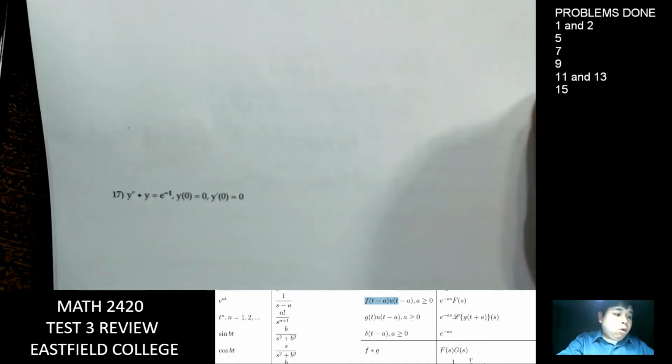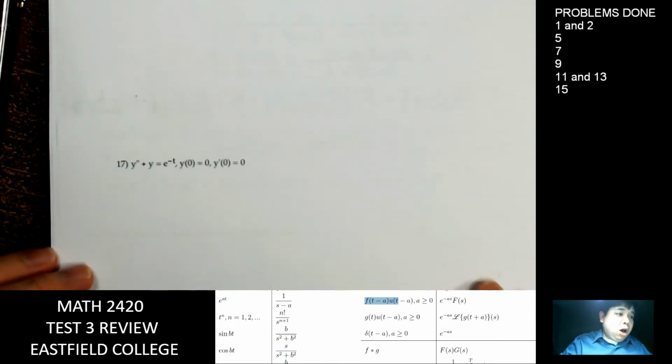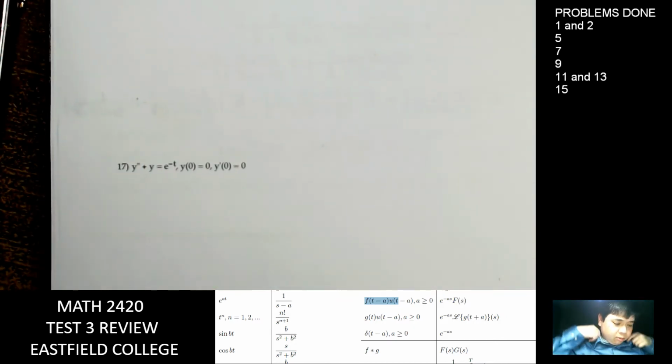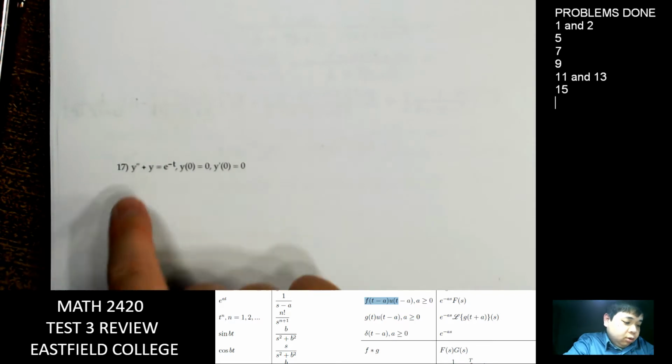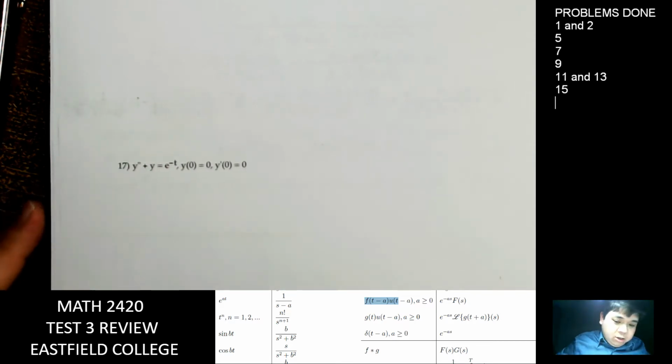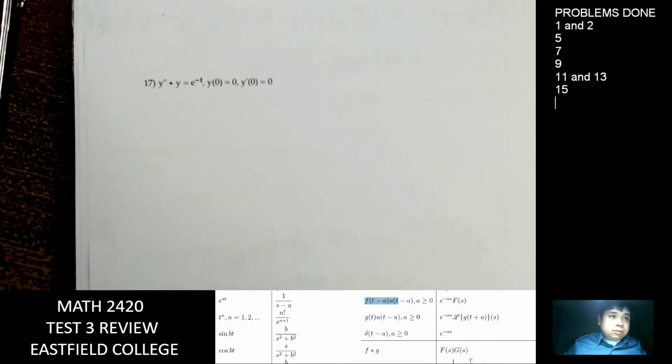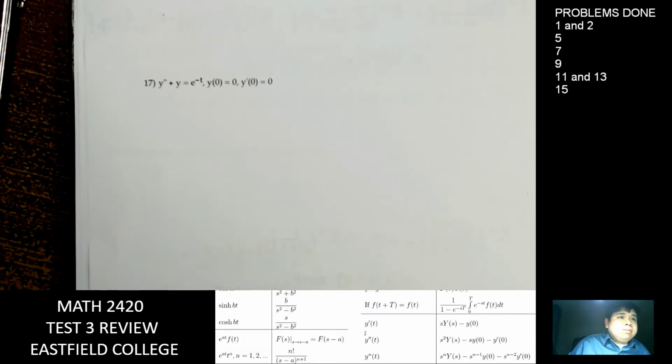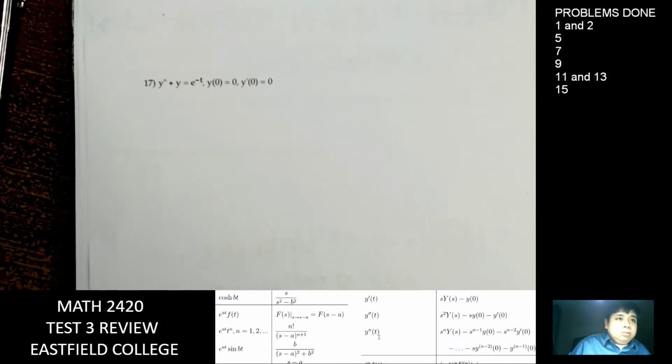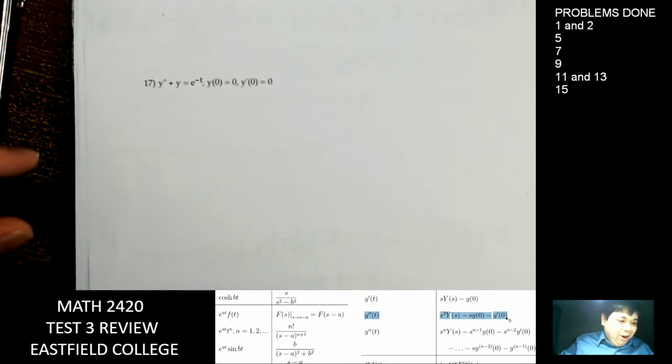Next we'll do some problems using the Laplace transform. Right. I want to look at this one. So using the Laplace transform, first we take the transform of the differential equation.